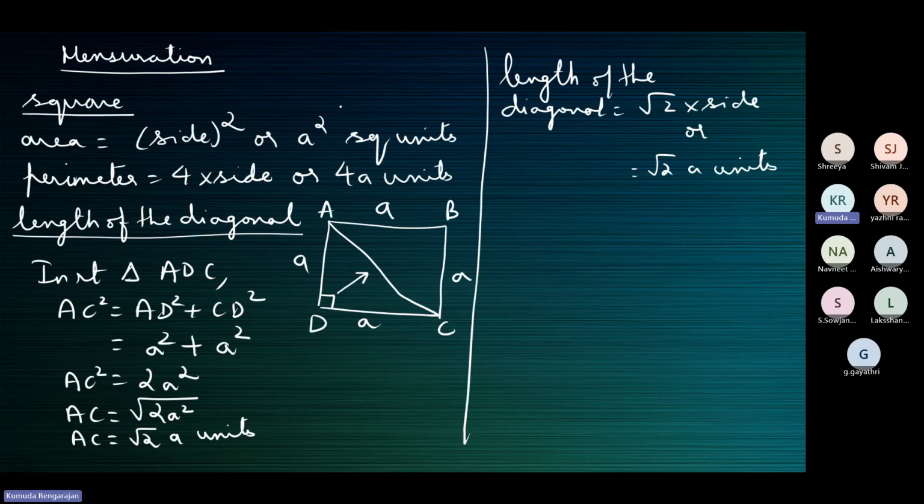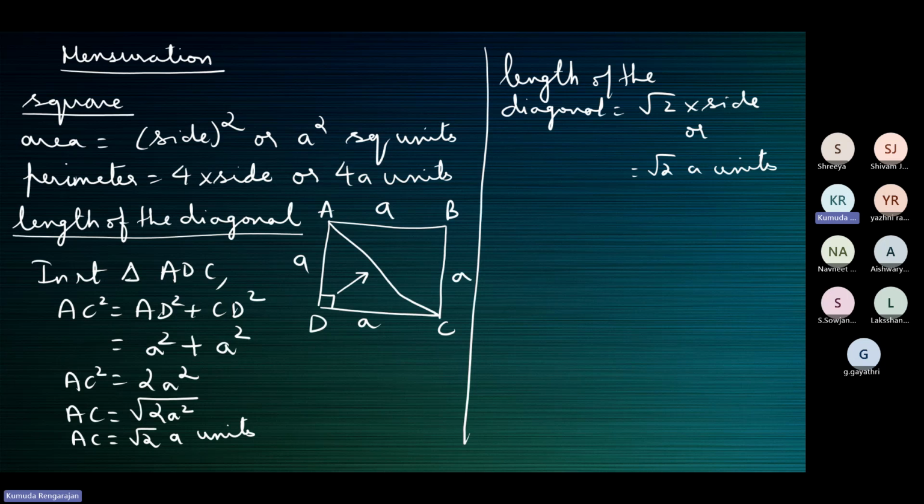Next, rectangle. You know a square is a plane figure. It's two-dimensional, meaning it can be represented on a flat surface. You can show how a square exactly looks on a flat or plane surface.